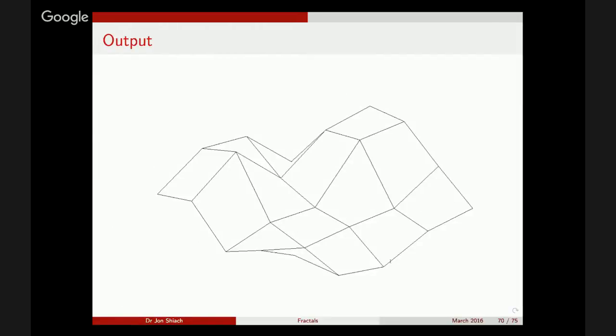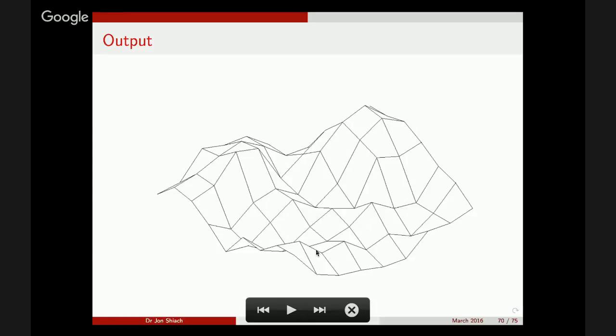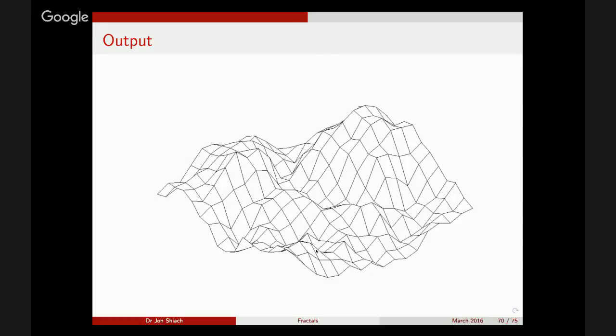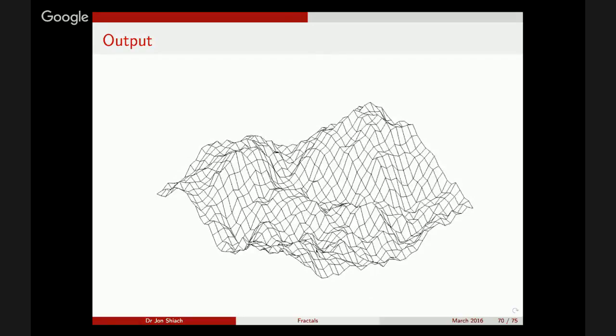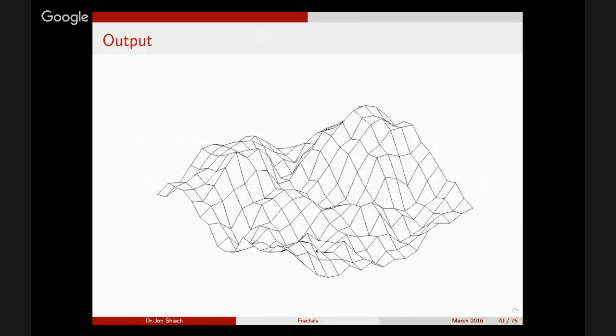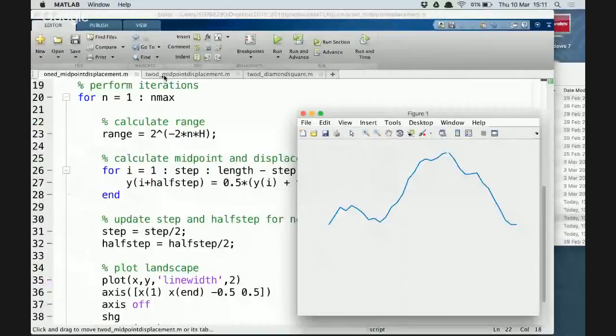So now we've got 4 by 4, 16 squares. For each of those, split them up, calculate the midpoints, move them up or down. And we keep going, and eventually you get your landscape. I'm just going to show you the generation of that. I'm not going to show you the code because that's your assignment.